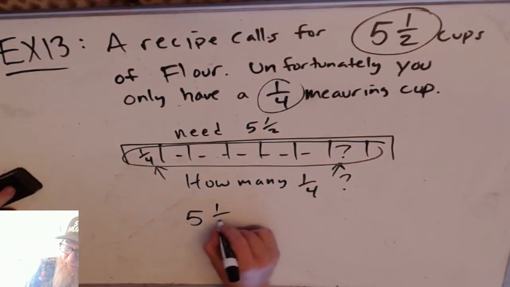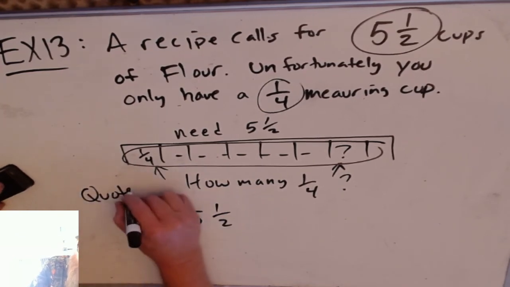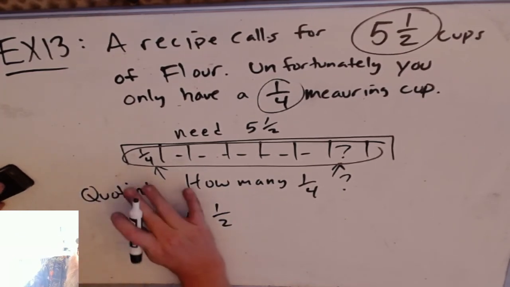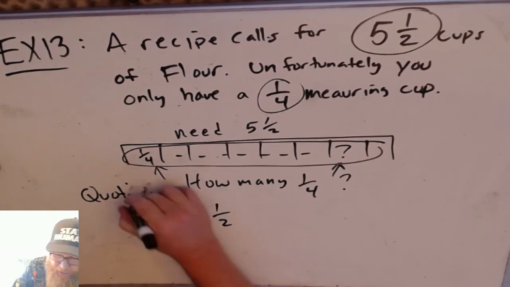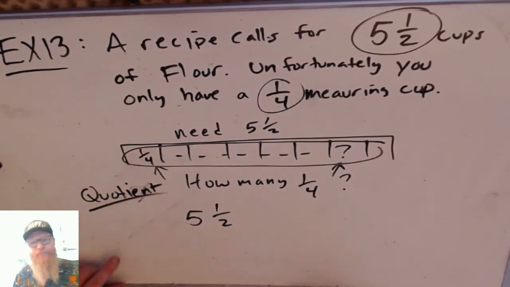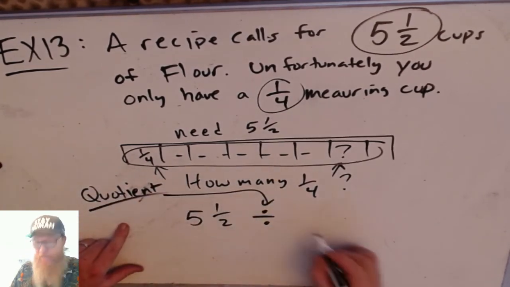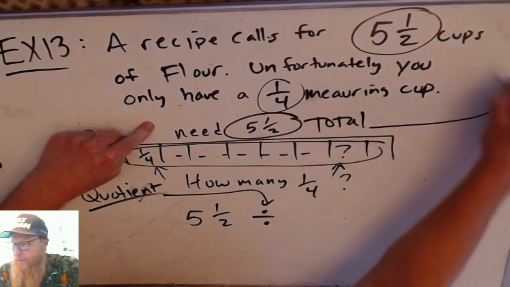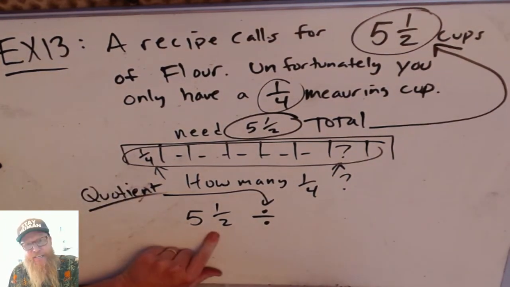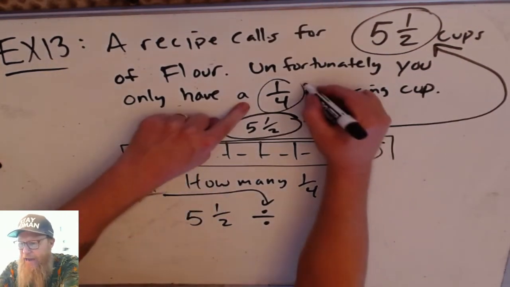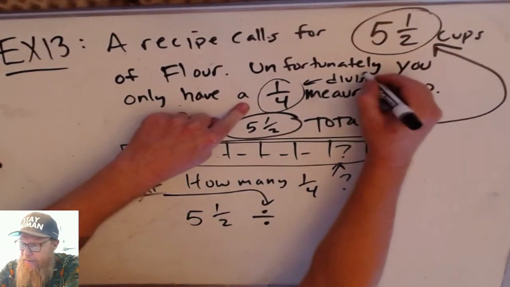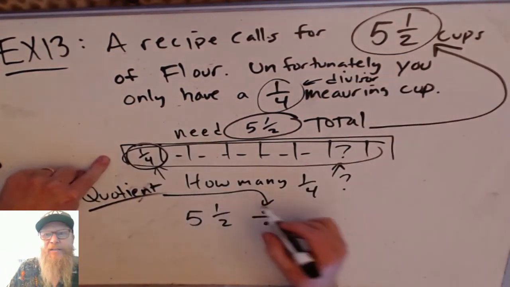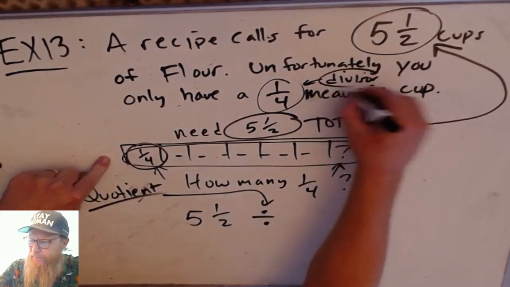So we want to find the quotient. Quotient is divided by. So you're going to take the total that you need, that's your dividend, and you're going to divide it by the number of cups, that's your divisor.